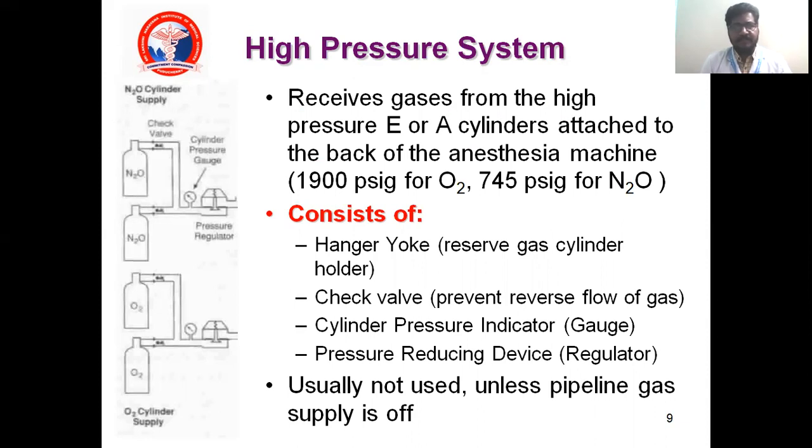This high pressure system consists of hanger yoke assembly, check valve to prevent the reverse flow of gas and to facilitate unidirectional flow, and Bourdon pressure gauge with the pressure indicator, and the pressure reducing valve. This high pressure system is usually not used unless the pipeline gas supply is off.